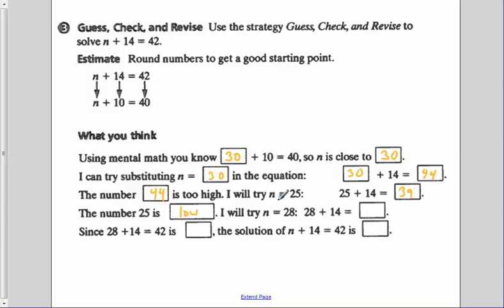So trying 28, kind of right there in the middle, 28 plus 14 is 42. And since 28 plus 14 is 42, that must mean that that is true. So the solution of n plus 14 equals 42 is 28. That would be, if you're trying to do this in a mental math way, using guess and check.